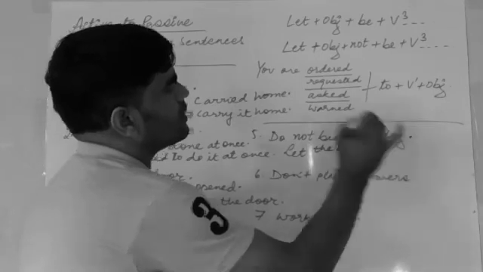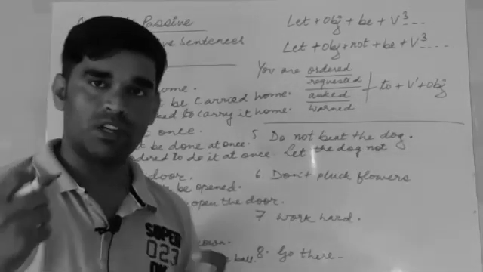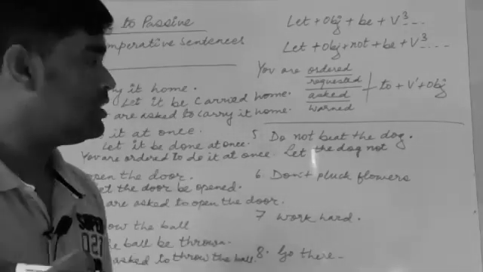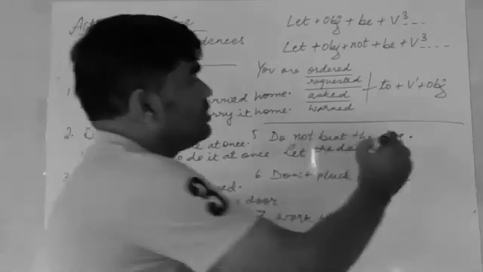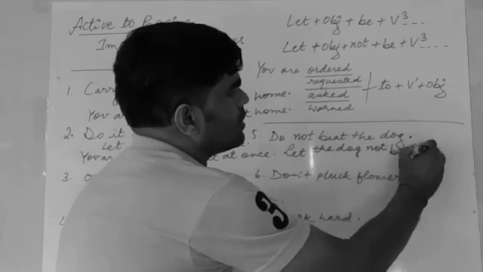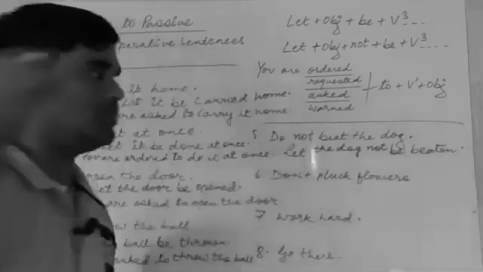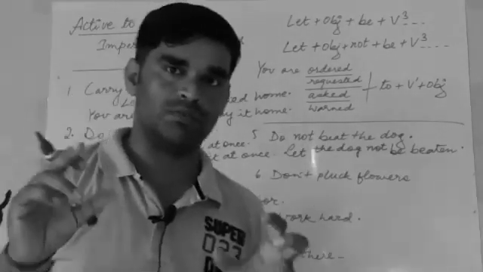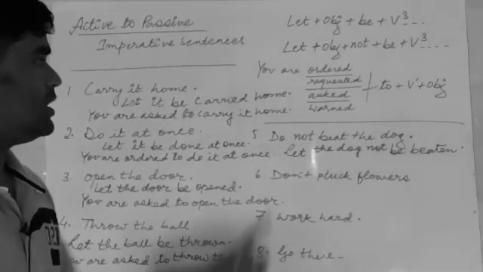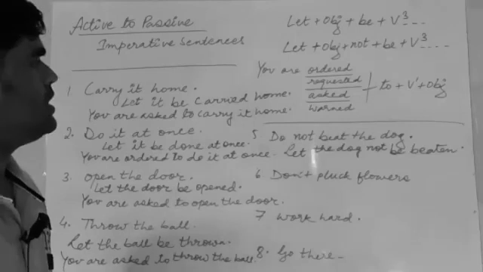Let the dog. After the subject we have to add not. So let the dog not be what? Beaten. Let the dog not be beaten. Beaten is the past participle of beat, the third form of beat.